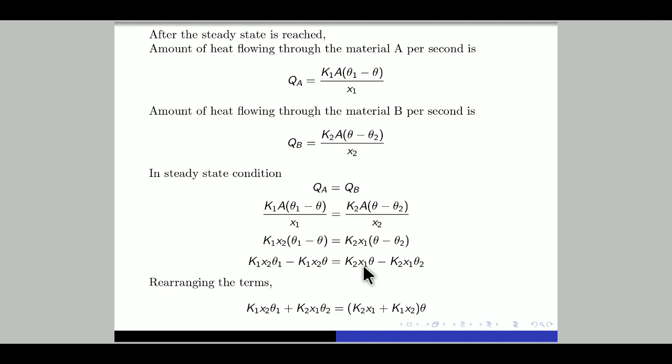Rearranging the terms, with the common terms in theta on the right hand side and the other terms on the left hand side, we get K1 x2 theta 1 plus K2 x1 theta 2 is equal to (K2 x1 plus K1 x2) times theta.